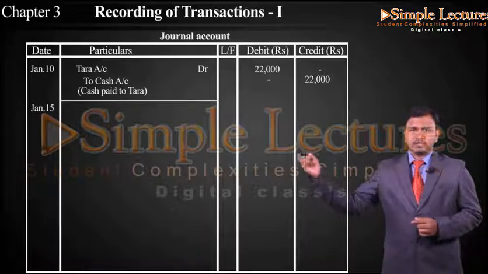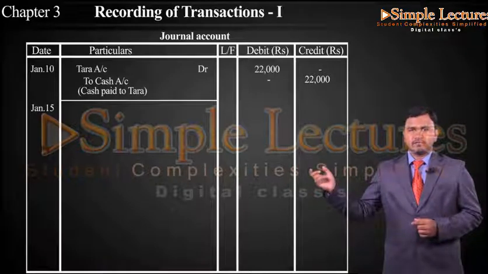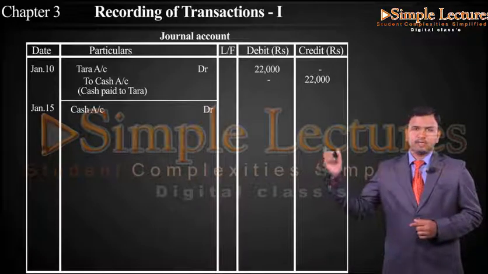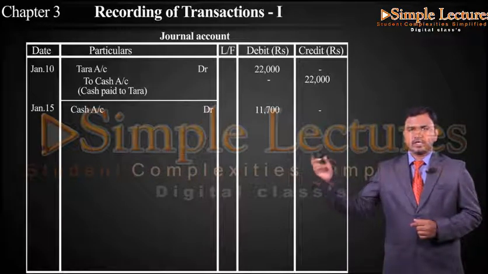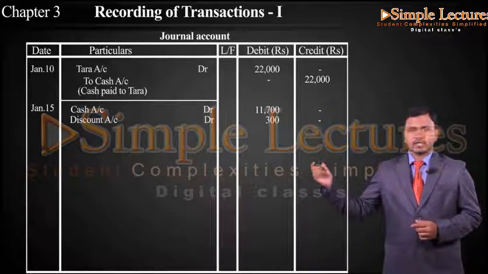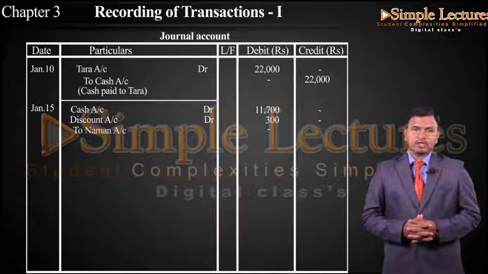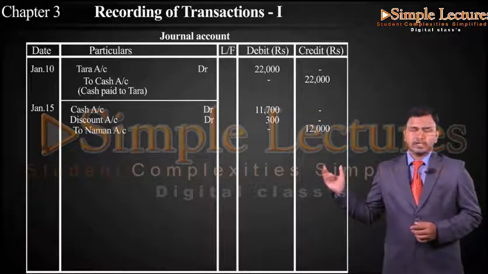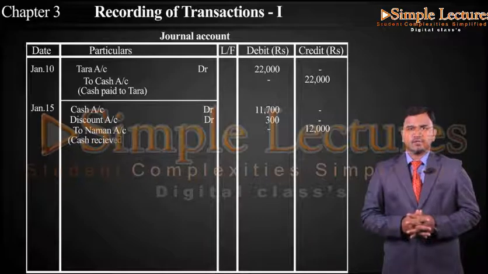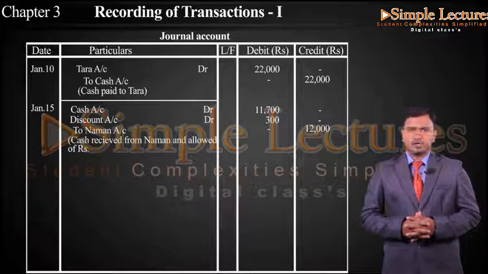Date will be Jan 15th and the entry will be cash account debtor in the debit column 11,700, again discount allowed account debtor 300 and to Naman account 12,000 in the credit column. Narration: being cash received from Naman and allowed a discount of rupees 300.